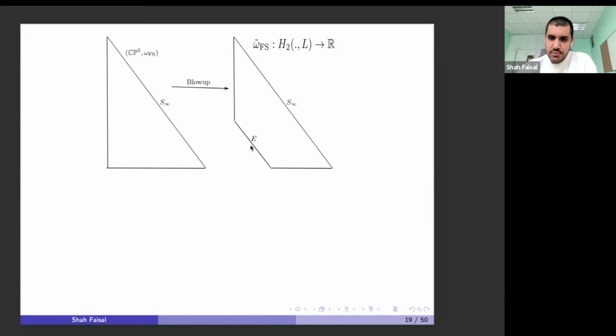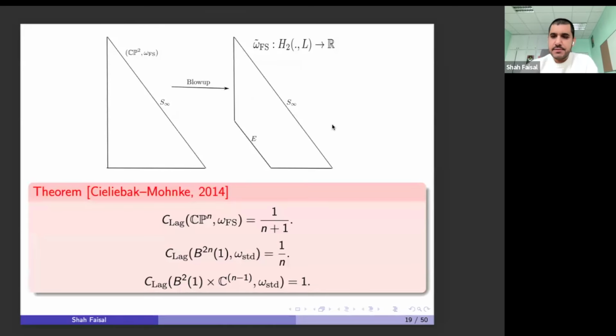Now if you take any Lagrangian torus in this picture and consider its symplectic area class, then E is an irrational generator. So if you take the infimum of the positive area of this class, it would be 0. So any Lagrangian torus in this manifold would have 0 symplectic area, and therefore the Lagrangian capacity is 0.